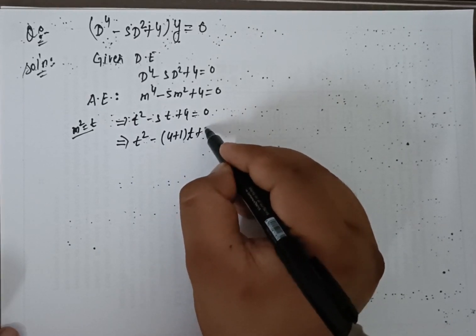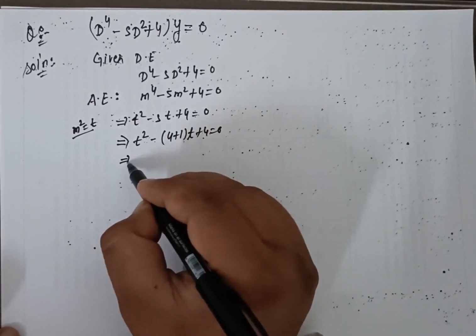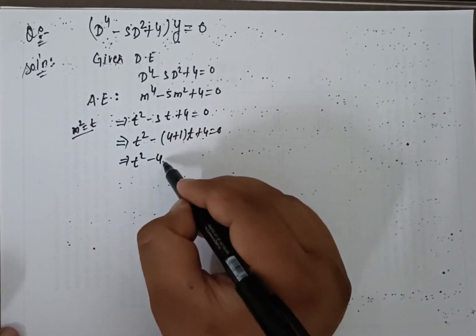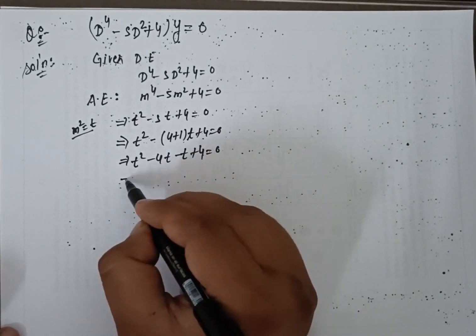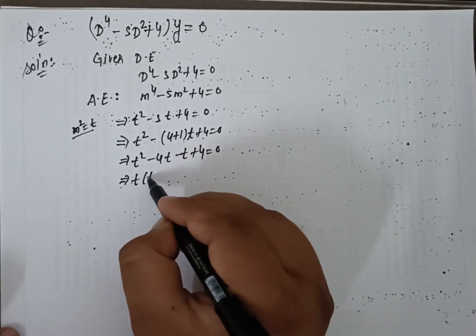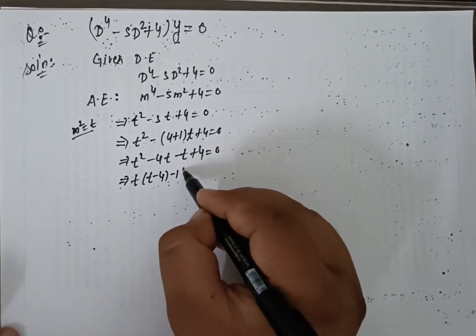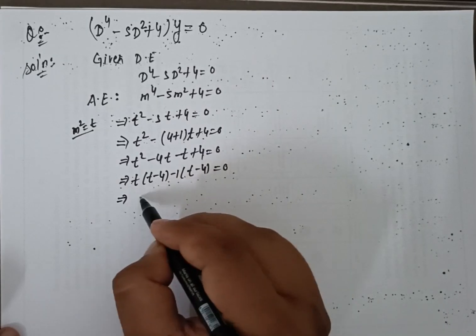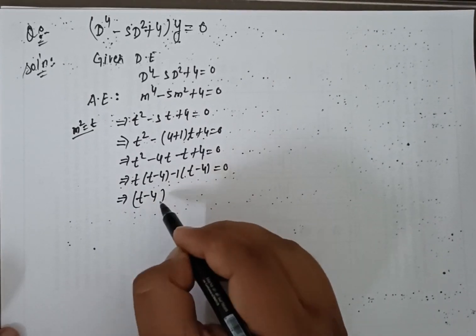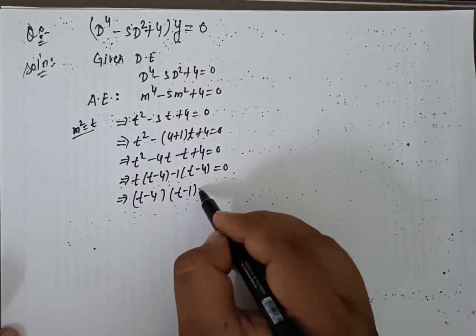Then t square minus 4t minus t plus 4 equals to 0. So take t common, t minus 4, then minus 1 common, t minus 4 equals to 0. Then you will get t minus 4 and t minus 1 equals to 0.